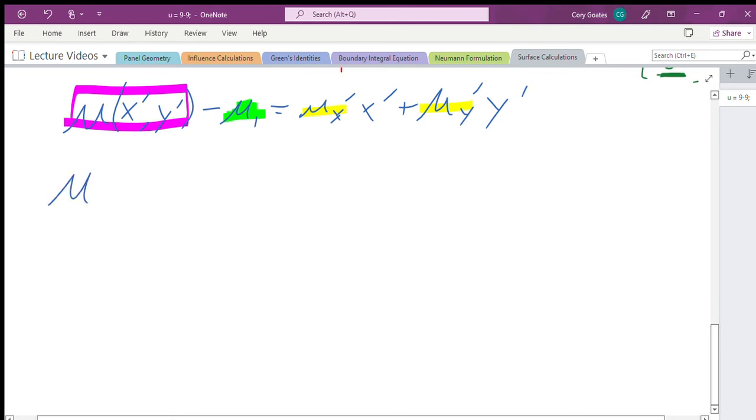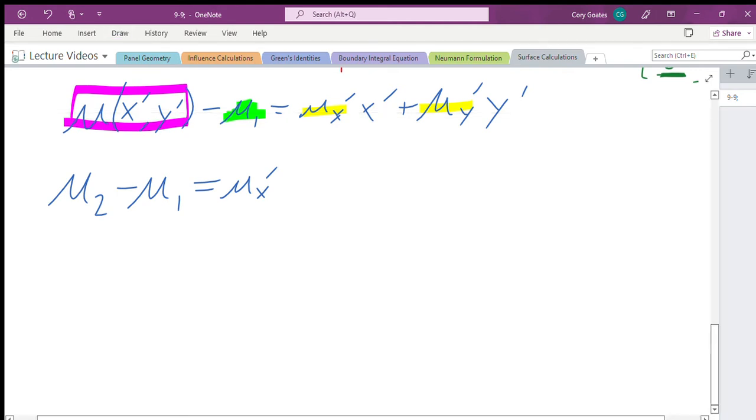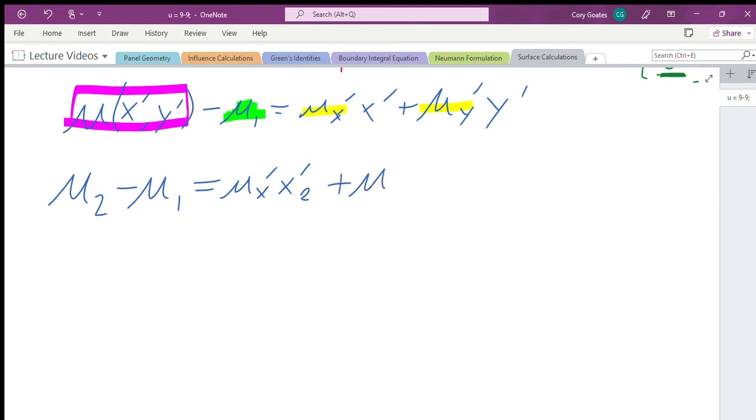Mu on panel 2 minus mu on panel 1 should be equal to mu x prime times x2 prime. This is the local coordinate of the centroid of panel 2 with respect to panel 1. We'll get to exactly what that is in a second. Plus mu y prime times y2 prime.